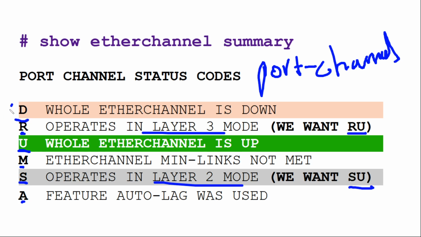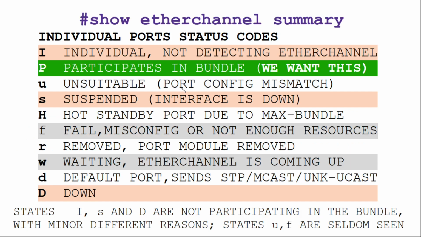You don't want to see D in your PAgP channel. This M relates to LACP. We are not going to talk about this now, but we are going to talk about that later. And when it comes to individual interfaces, you want to see uppercase P, because that means that the interface is participating in the EtherChannel.